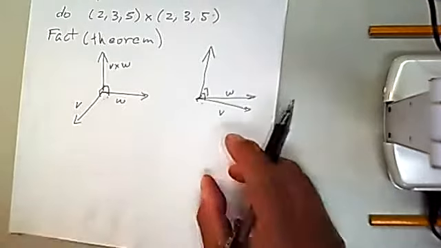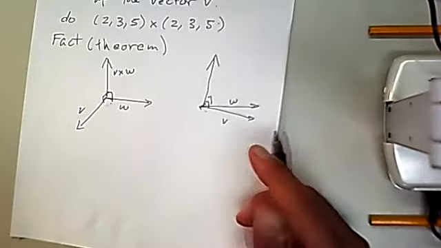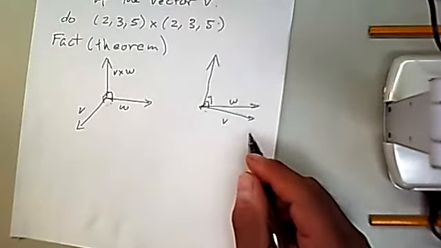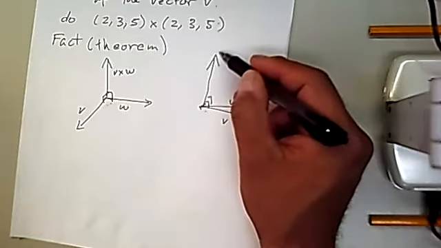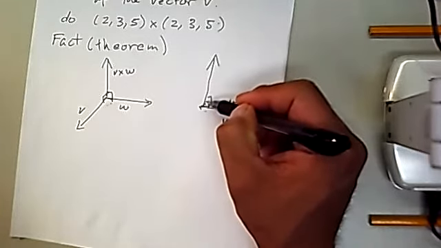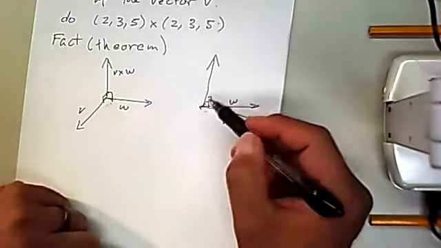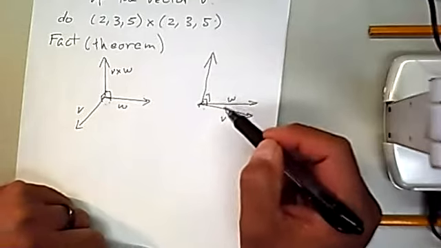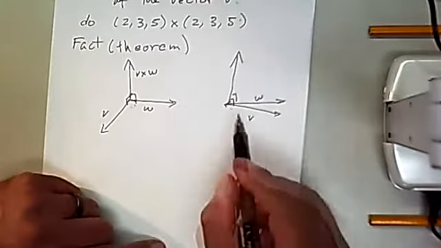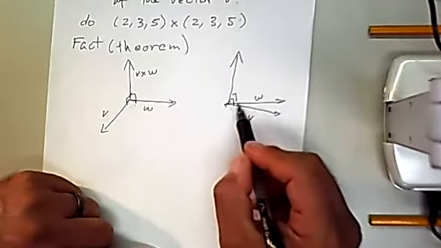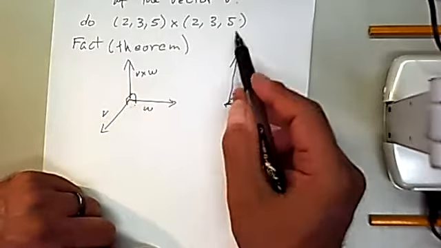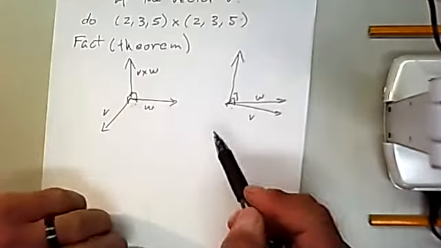Well, except if the angle is 0 or 180 degrees, then this gets reduced to nothing, to 0. But if the angle is not 0 or 180 degrees, 0 or pi, then we're going to end up with a non-zero vector that is perpendicular to the other two.